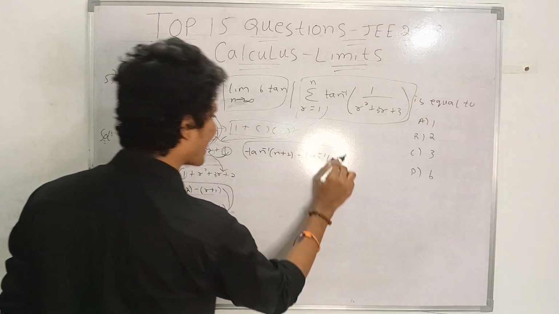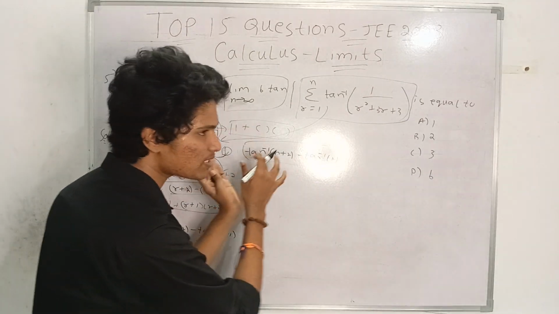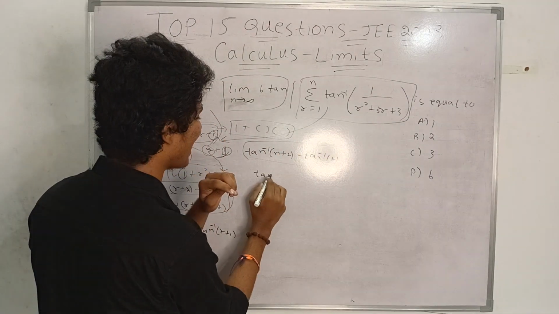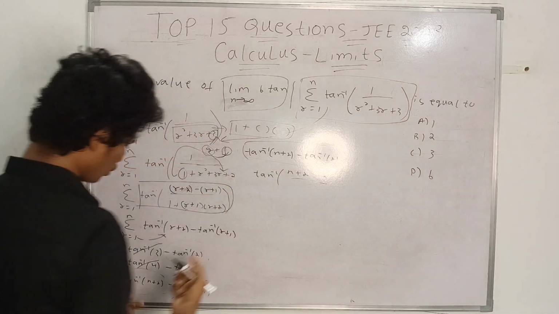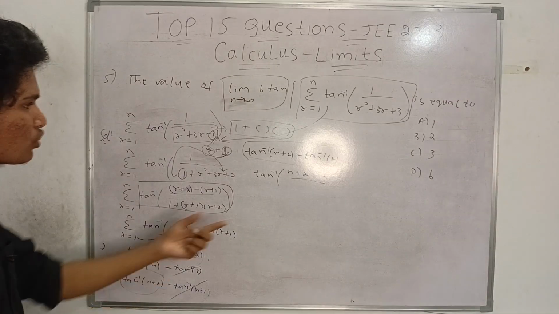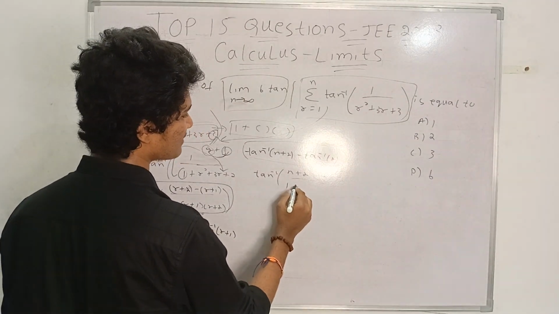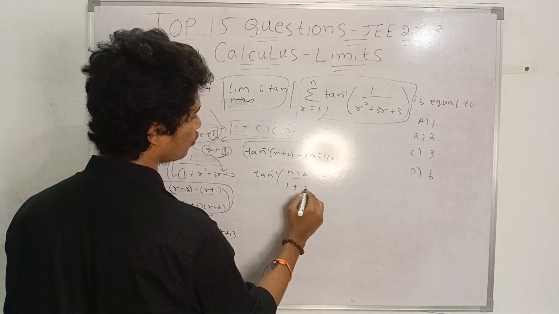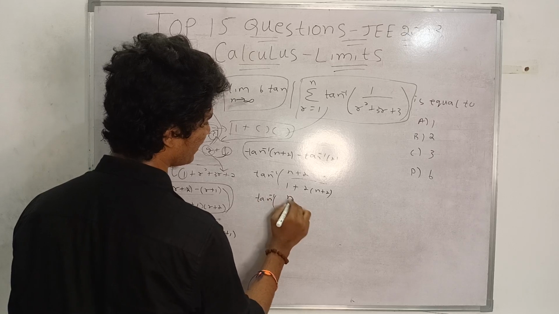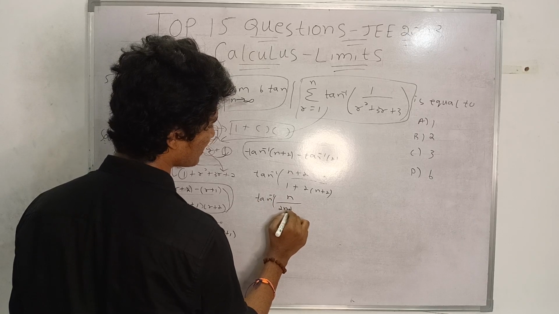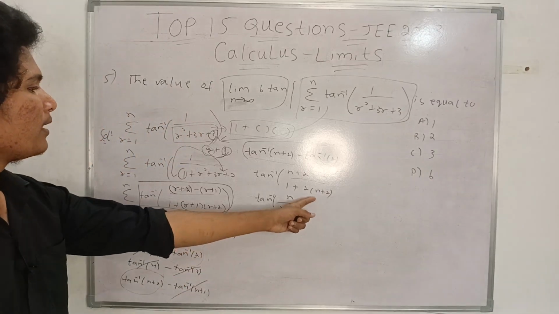Now we are backtracking, that is, making this into one form. The formula for tan inverse of A minus tan inverse of B is tan inverse of A minus B divided by 1 plus AB. That is n plus 2 minus 2 divided by 1 plus 2 into n plus 2. What will it become? Tan inverse of n divided by 2n plus 5.